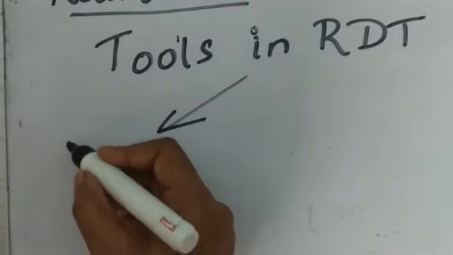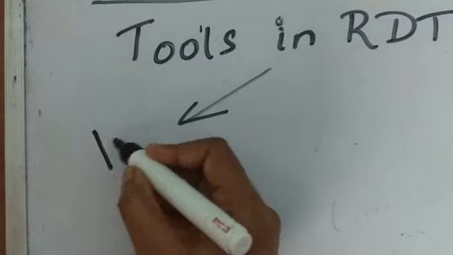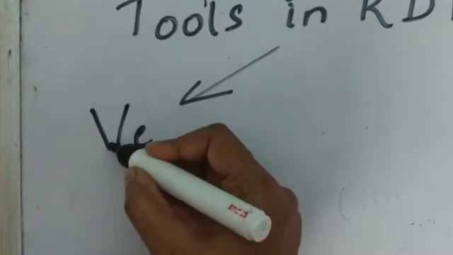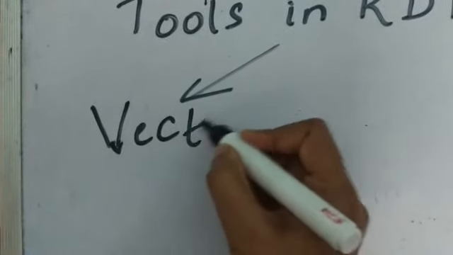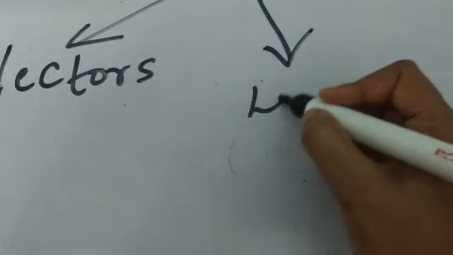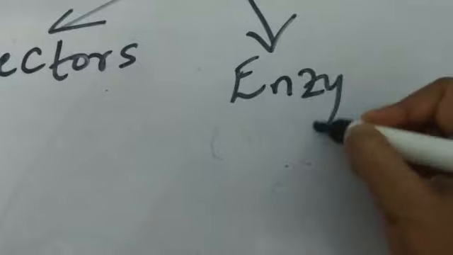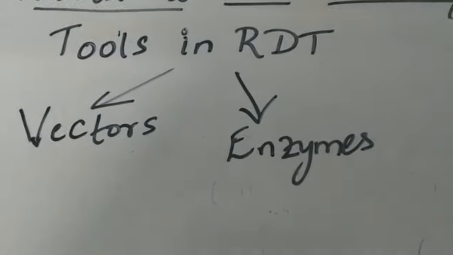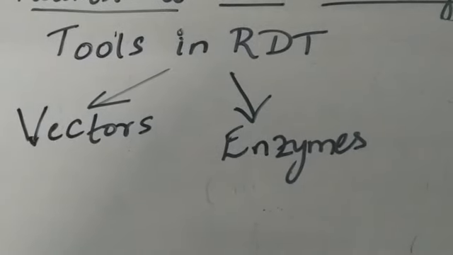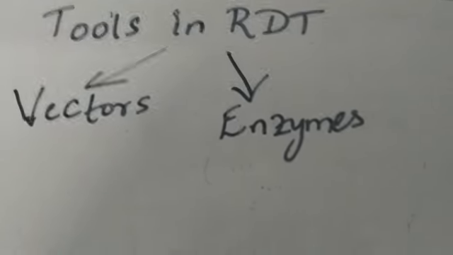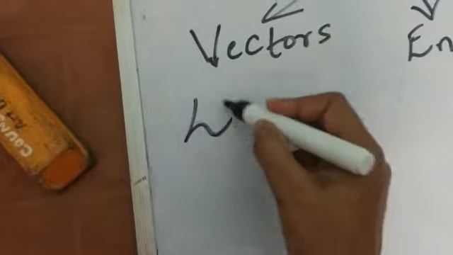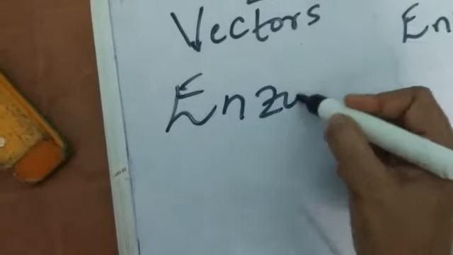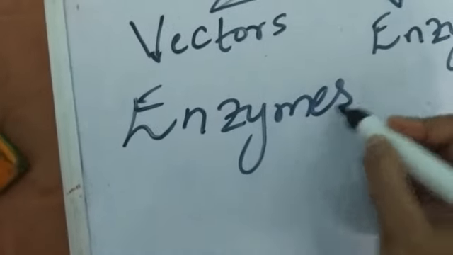One is vectors, and the other is enzymes. So enzymes and vectors are the most important tools in recombinant DNA technology. Today our focus is going to be on enzymes.